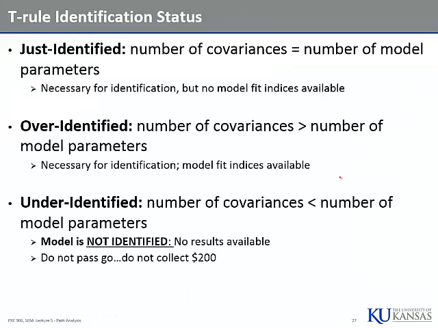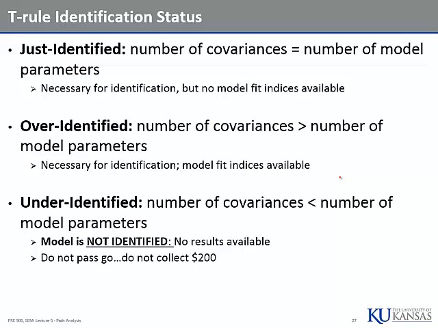There are several different versions of the status of this. I think I talked about this a little bit last week. There's just identified, there's over identified, and then there's under identified. I had it in the quiz last week, and I was trying to get you to find obviousness, and this is the one I didn't make as obvious as I should have.